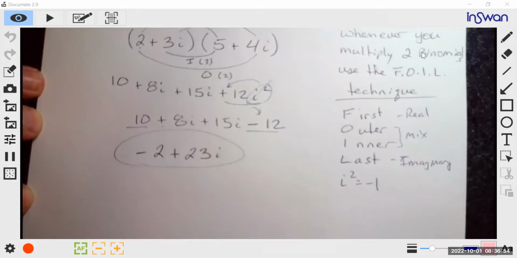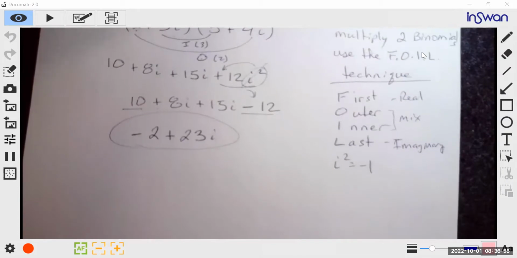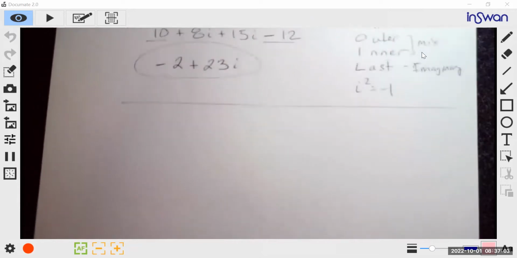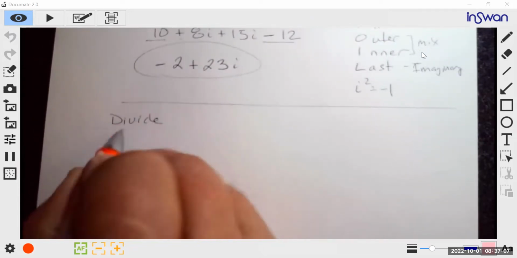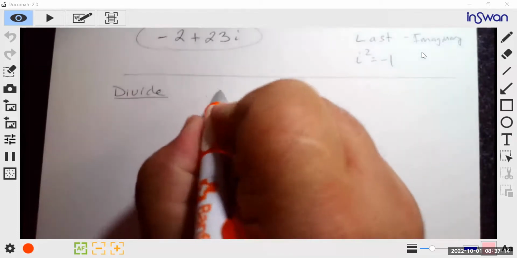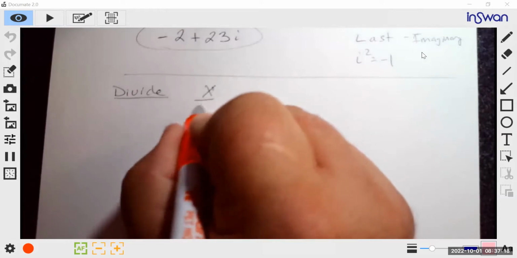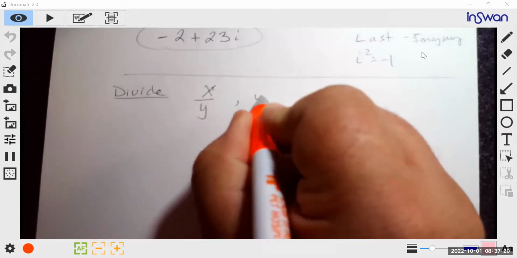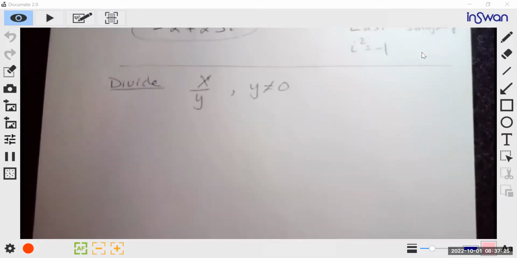So that's how you multiply complex numbers. Dividing complex numbers. As long as the denominator does not equal 0, you're doing good.